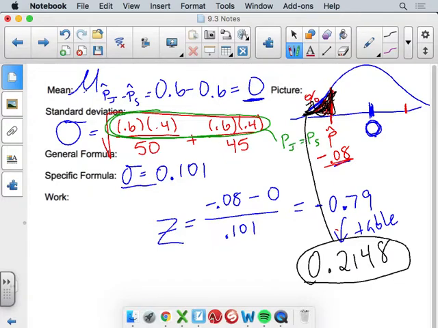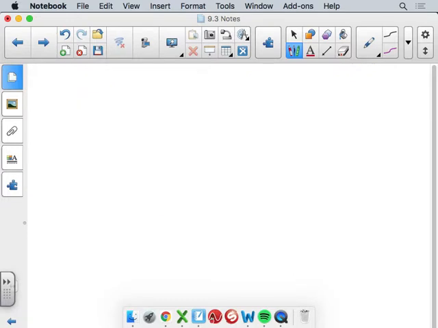All right. So then we have to conclude. 0.2148 compared to the alpha of 5%. So we did not reach that alpha. We were greater than it.